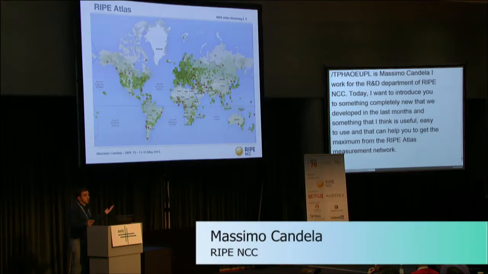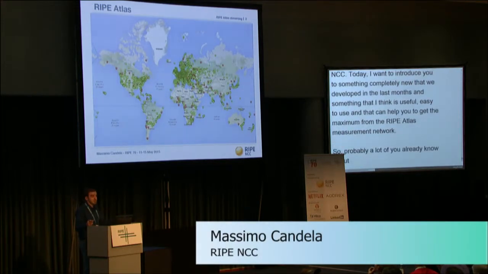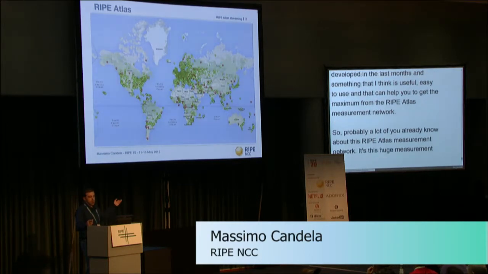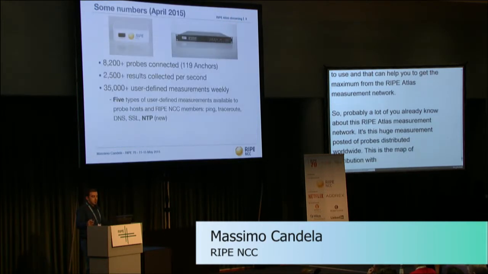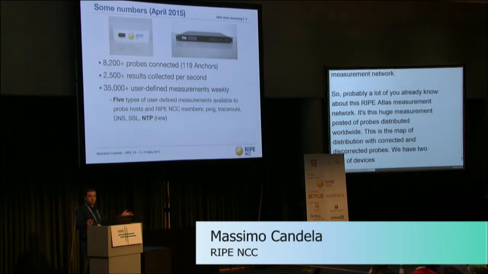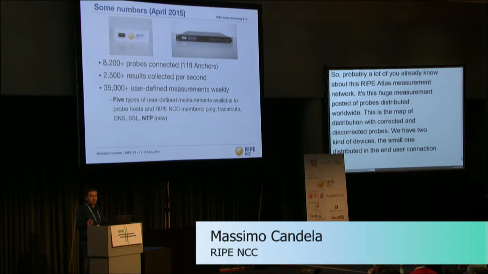So probably a lot of you already know about this RIPE Atlas measurement network. It's this huge measurement network composed of probes distributed worldwide. This is the map of the distribution with connected and disconnected probes. We have two kinds of devices, the small ones distributed in end user connections, and the big ones called anchors.